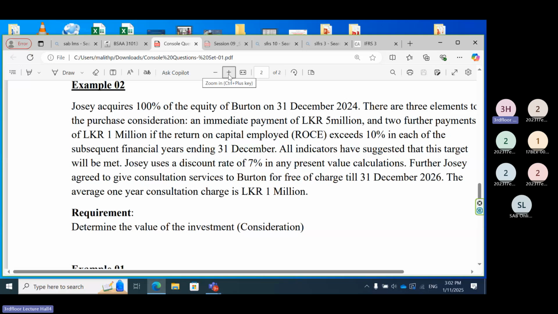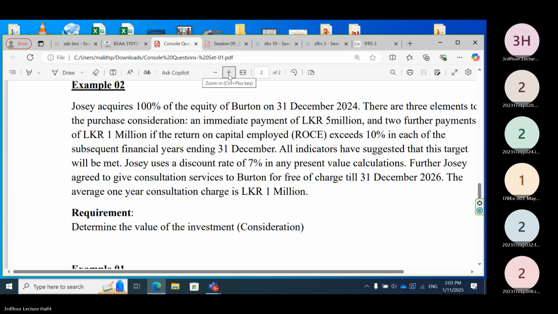And the consultation service, that's also a 2-year period, should be discounted by using 7%, not 10%. You have to discount to the present value and add both to the 5 million. We consider that as the purchase consideration.